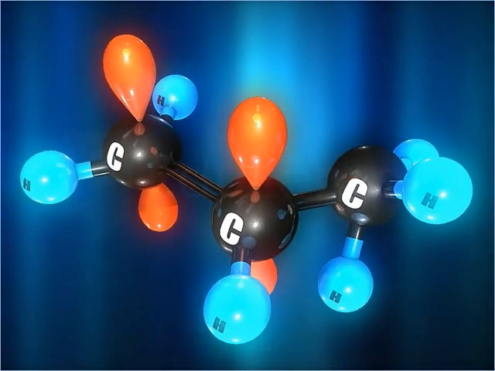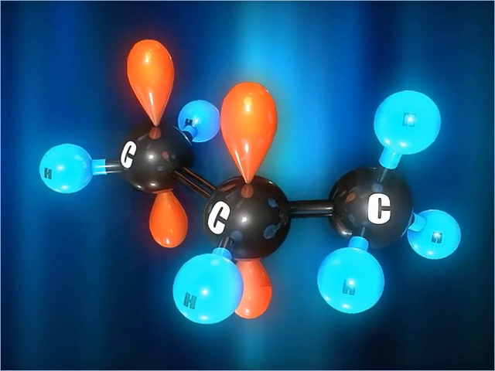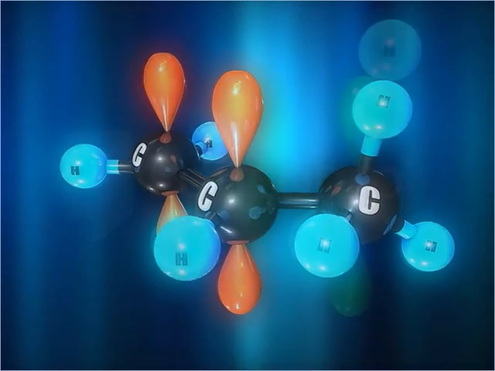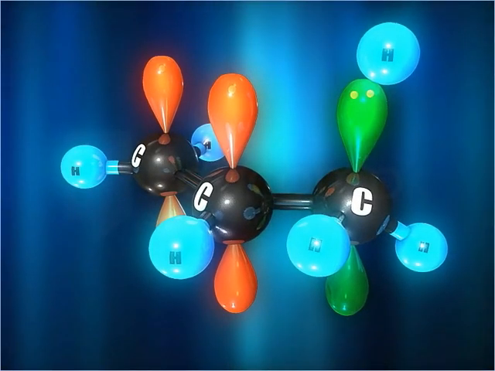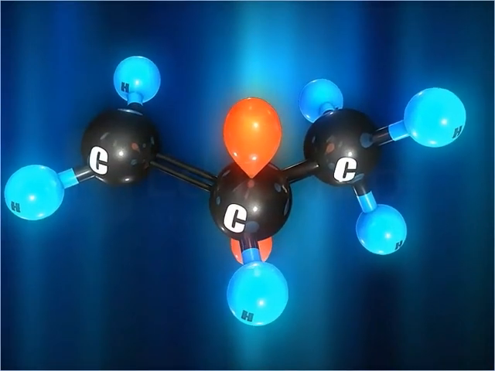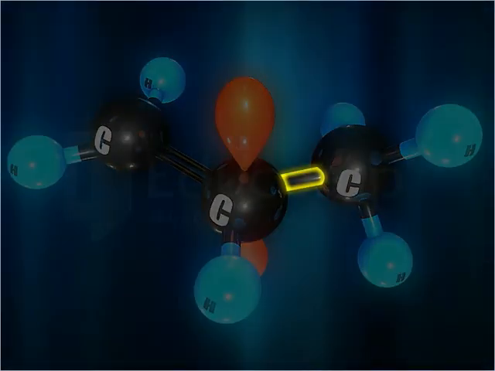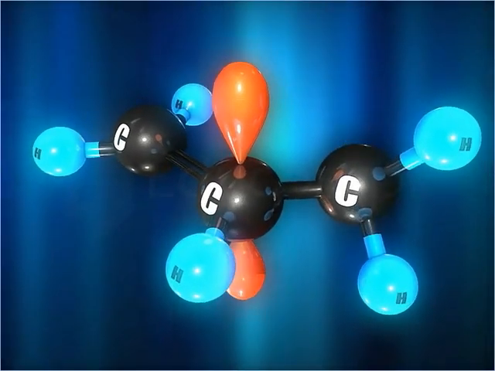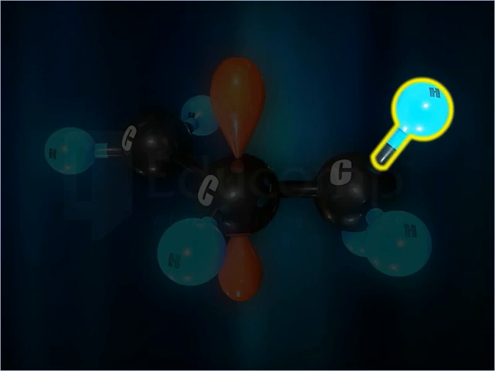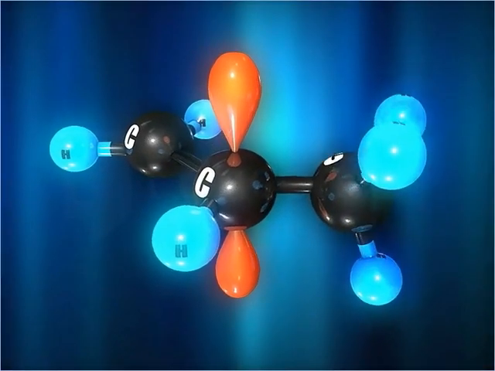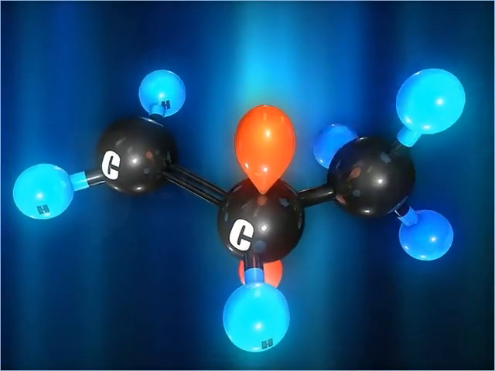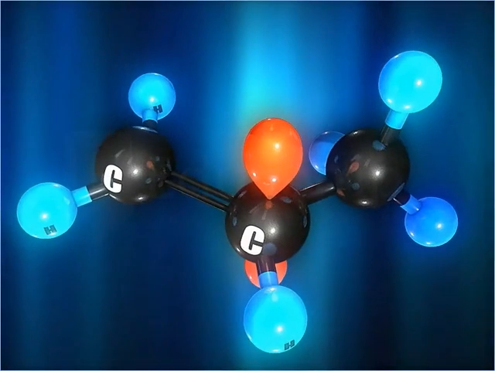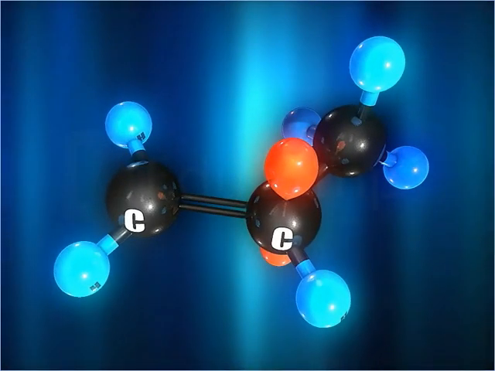The hyperconjugation in this case involves the delocalization of electrons of the carbon-hydrogen sigma bond of the methyl group to the adjacent singly occupied p orbital. Due to the free rotation of carbon-carbon sigma bond, all the 3 carbon-hydrogen bonds of the methyl group contribute towards the hyperconjugation, therefore making propene more stable.